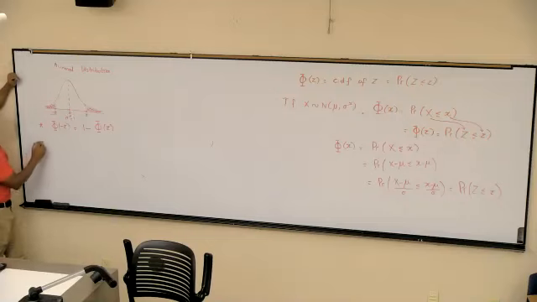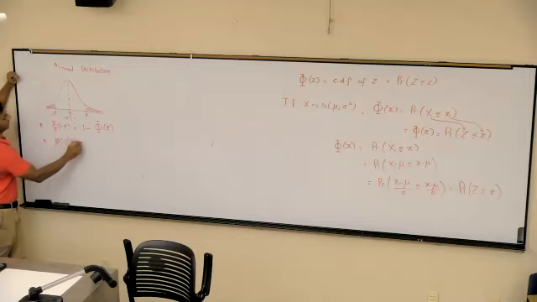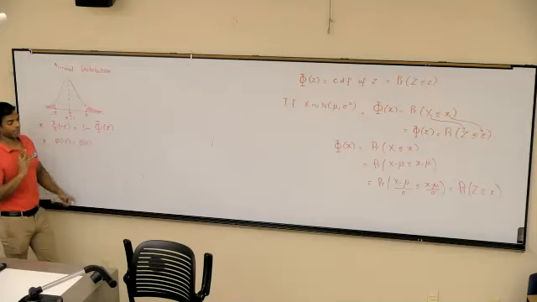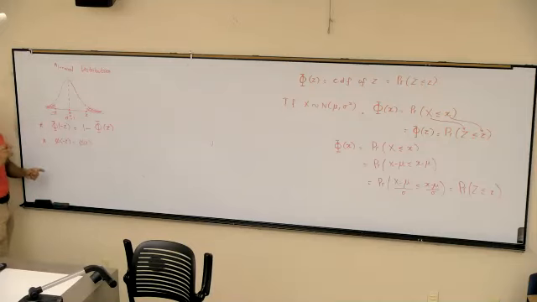Now the density: phi of minus z is equal to phi of plus z, right? In other words, the negative of a standard normal variable is still a standard normal variable, because we have the density 1 over square root of 2 pi e raised minus z squared over 2.